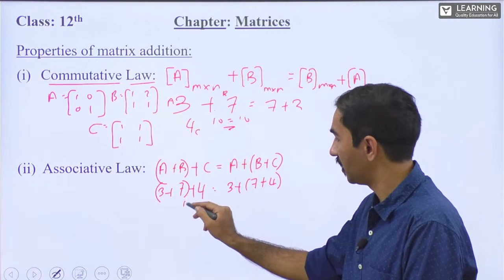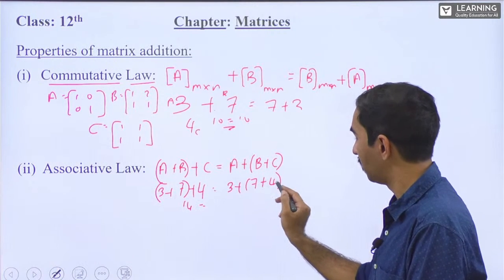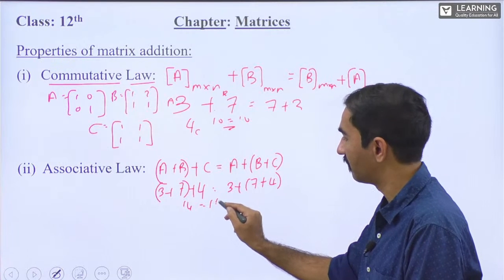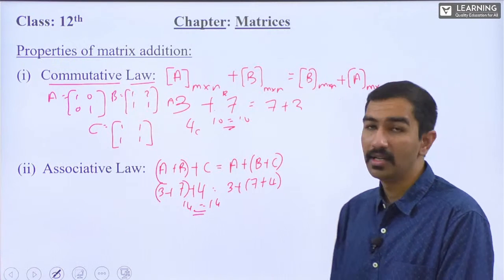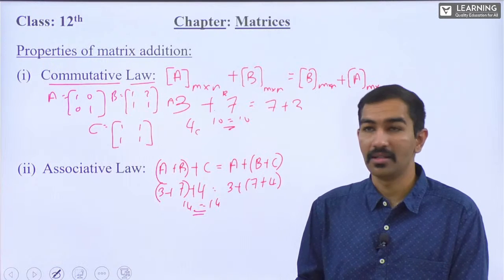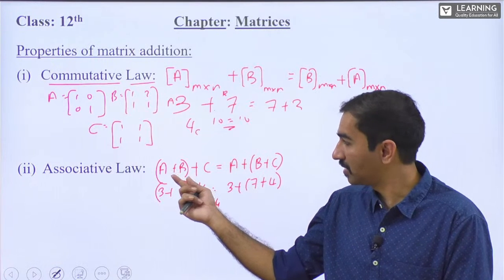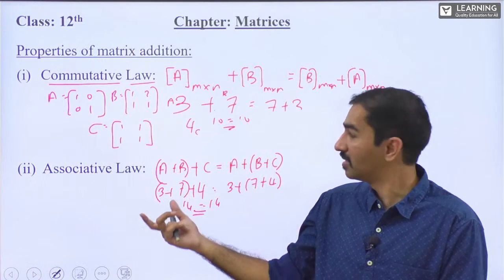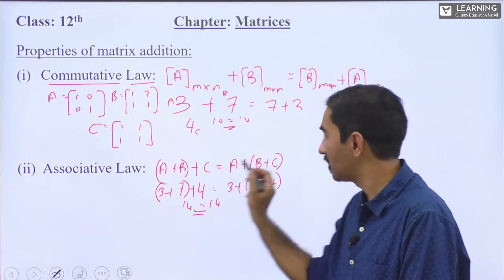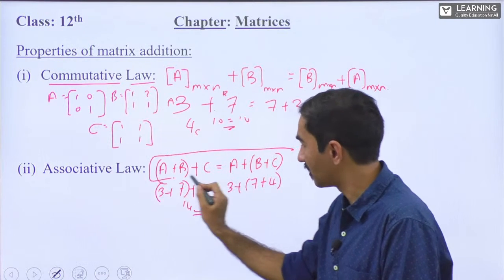This would be equal to 14, and 7 plus 4 is 11, and 11 plus 3 is again 14. From here what can we tell? The operation of addition between numbers satisfies the associative law. This is the associative law.